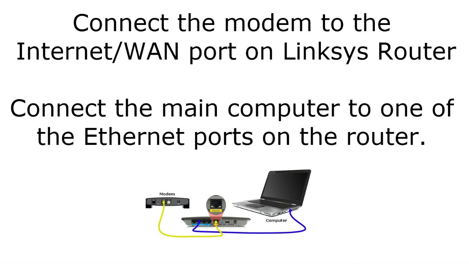For the initial configuration, we will need to connect the computer to the router with the Ethernet cable. So we will not do it wirelessly, we will do it with a wired connection. And also make sure that the internet on your modem is working, so you're getting internet from the modem given by your internet service provider.